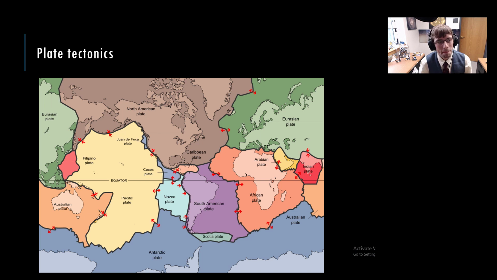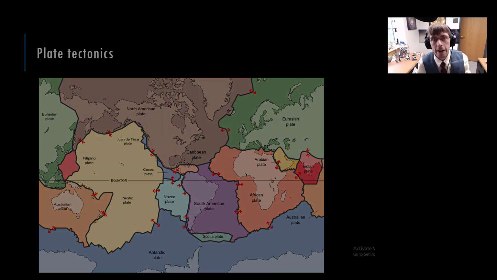Incidentally, this is where a lot of our trenches are. Okay? Again, where two plates are coming together. And also notice that plate boundaries tend to be the locations where you're going to see magma or mantle being introduced. It's not by accident that the Pacific Ocean along this boundary is sometimes referred to as the Ring of Fire.